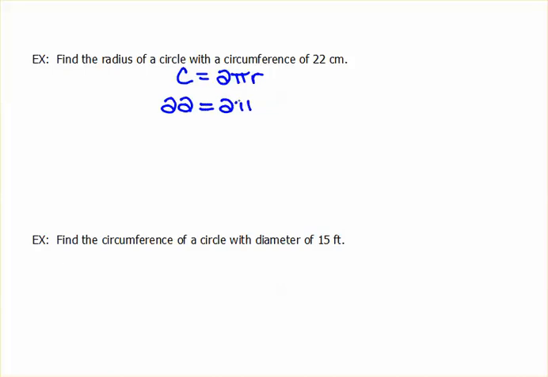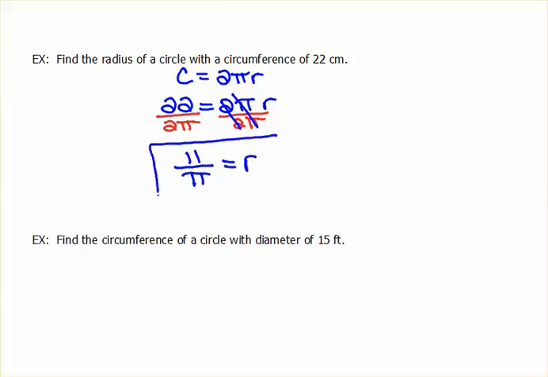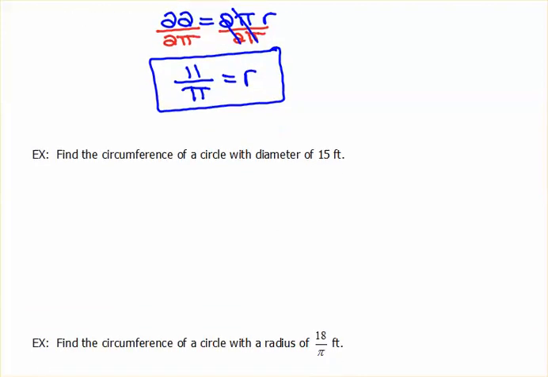So 22 would equal 2 pi times r. In order for me to solve this, I would need to divide both sides by 2 pi. And now those would cancel, and we would be left with 22 divided by 2 is 11 over pi is equal to the radius. So then it just becomes an algebra problem.